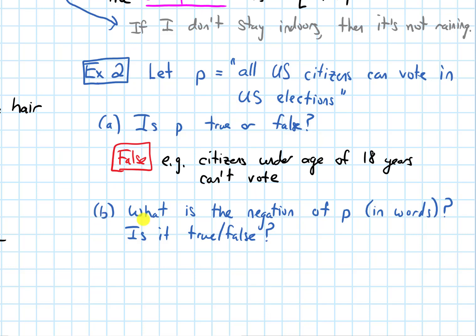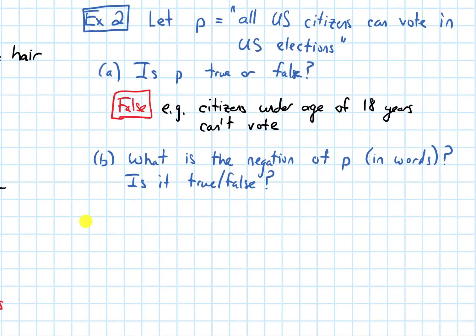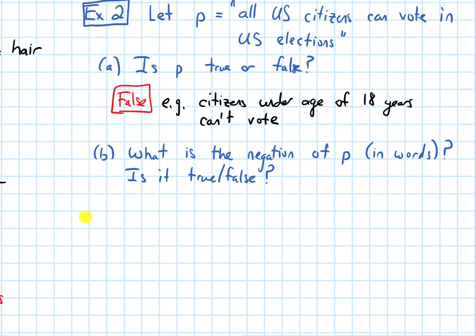Part B: what is the negation of P in words, and is it true or false? The negation of P, which I'll write as not P, could simply be the word not in front, or it is not the case that.